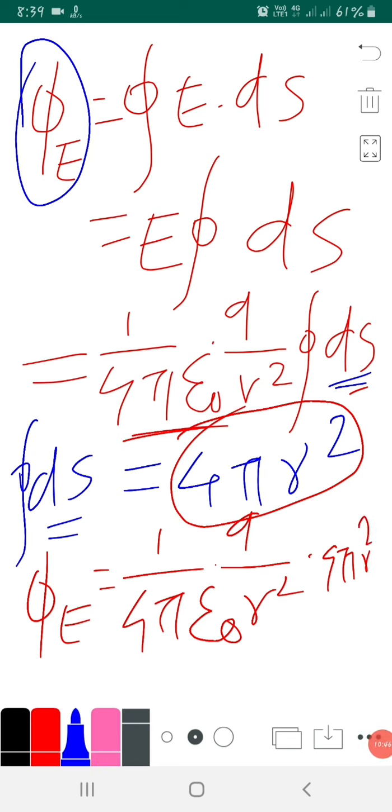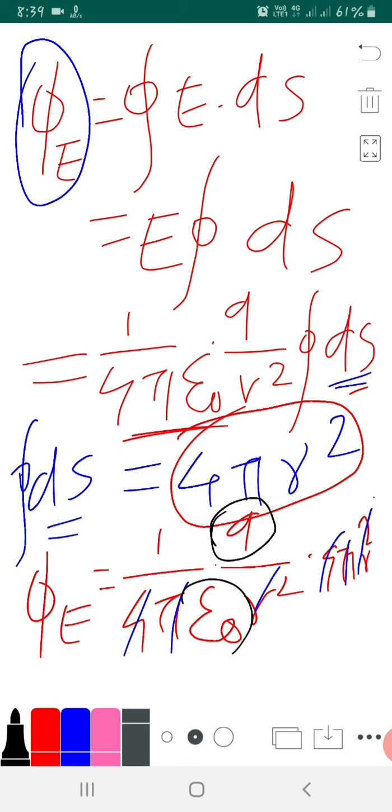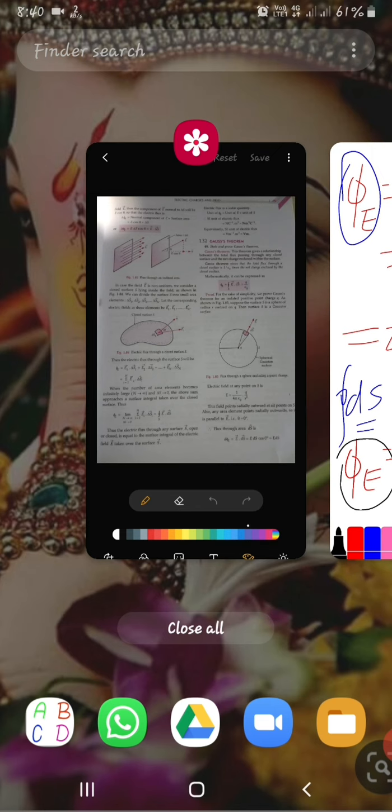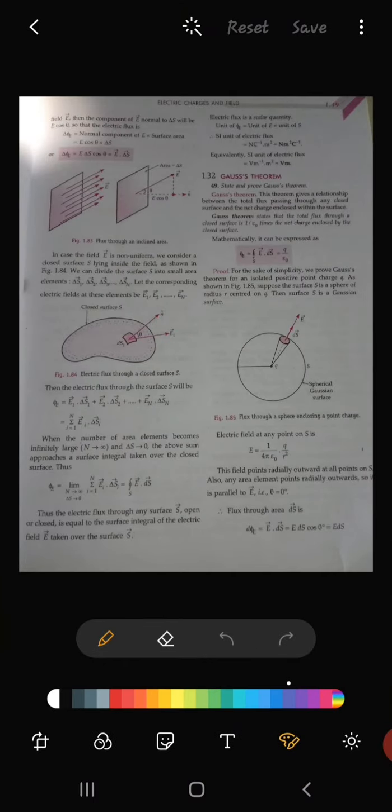So here 4 and pi will get cancelled, then r square also will get cancelled. The remaining terms are q and epsilon naught. So we can say electric flux phi E is equal to q upon epsilon naught, and this is the proof.